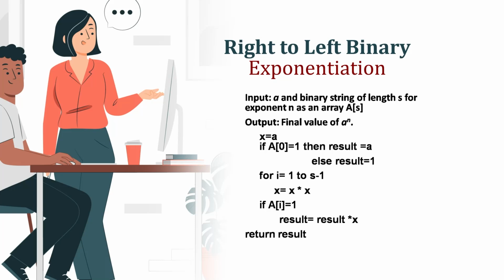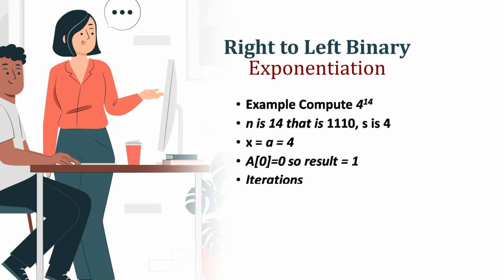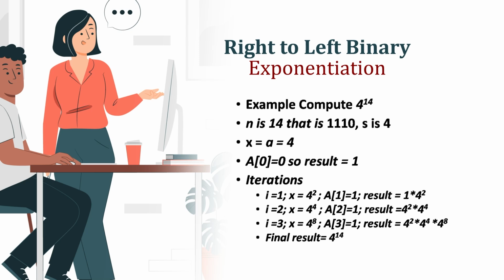Okay, and the binary string of length S, which contains the exponent n, as an array, right, as an array consisting of a_i. Now obviously, what we are referring to as a binary exponent, in the last example what we had was 1 1 1 0. So it is going to be 0 1 1 1. That is what it is.